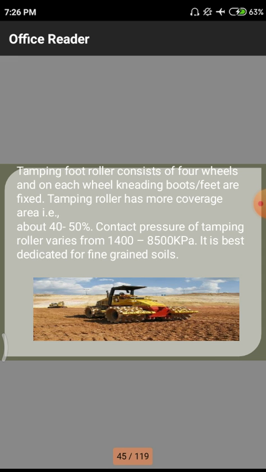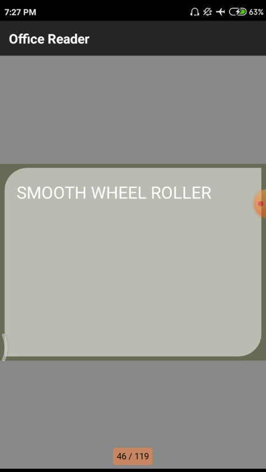The minimum pressure is 1400 and the maximum is 8500 when using these sheep foot rollers in fine-grained soils. Fine grain means the particle size ranges from 0.002 to 0.00110.